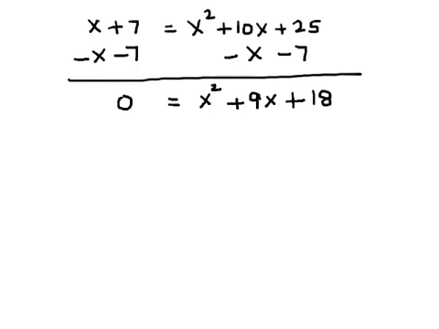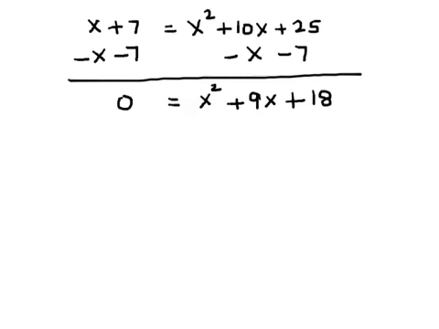Now we are supposed to solve this equation. So we look for ways to factor the right-hand side. That's a trinomial with lead coefficient 1. I don't see any number in front of x squared, which means it is 1 in front of x squared. So the lead coefficient is 1.